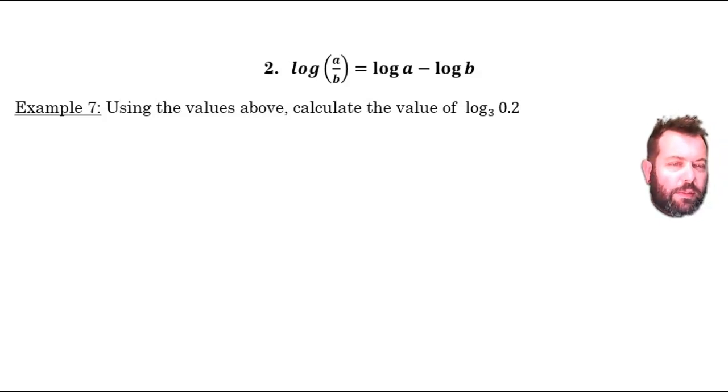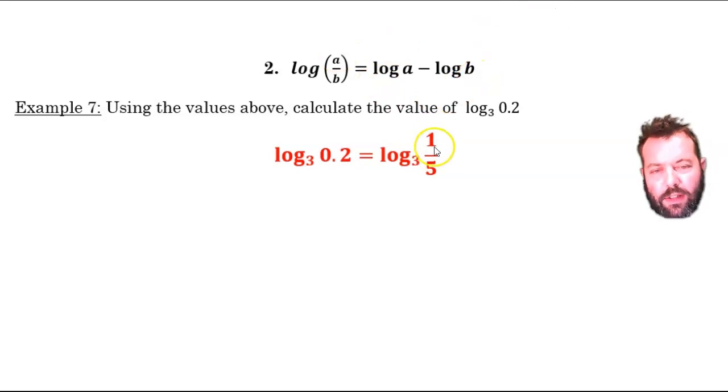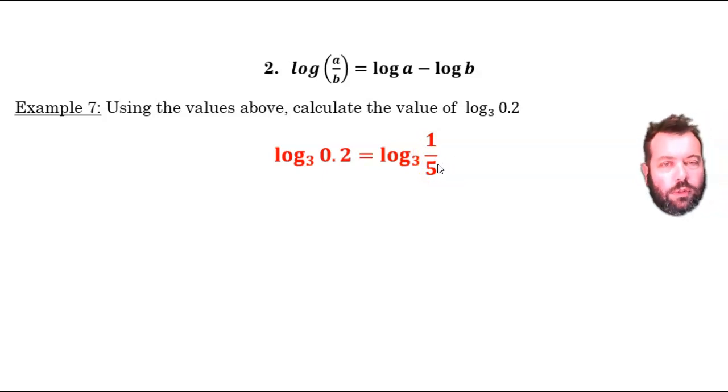Well, that's a bit of an issue, isn't it? 0.2. How can I represent that in terms of perhaps 4s and 5s? Well, maybe I might think of it as the log of 1/5. 0.2 is 1/5. 1 is still a little bit of a problem. But coming back to our understanding of logarithms, 3 to the power of what equals 1?